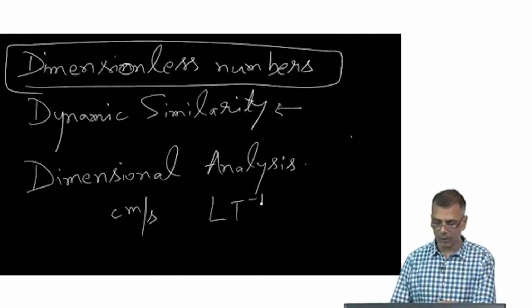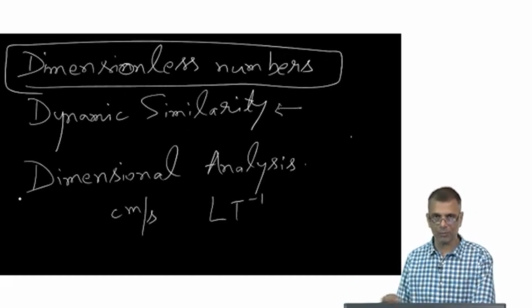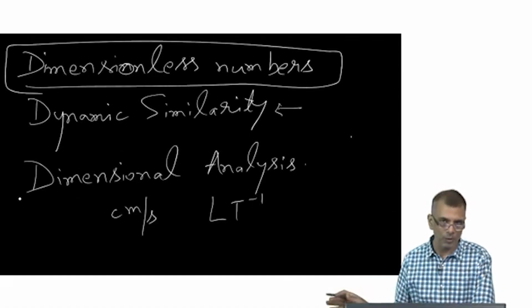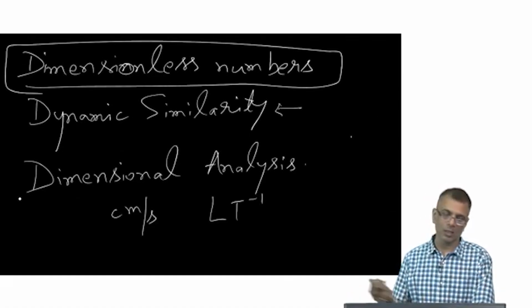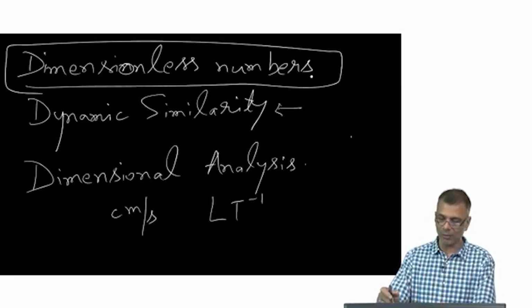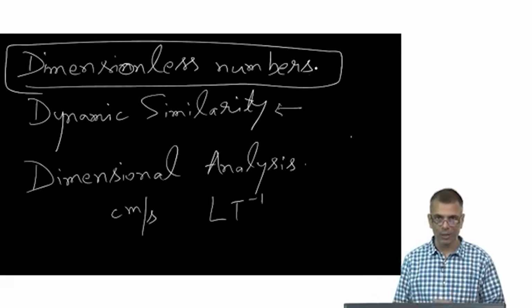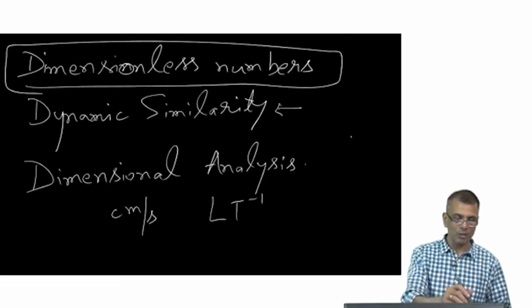So it's really closely related to the very familiar concept of dimensional analysis, which I'm sure many of you have been using for a long time. So this is just to put you at ease. Several of these dimensionless numbers simply arise from a dimensional analysis. So without wasting much time, let's get right to it.